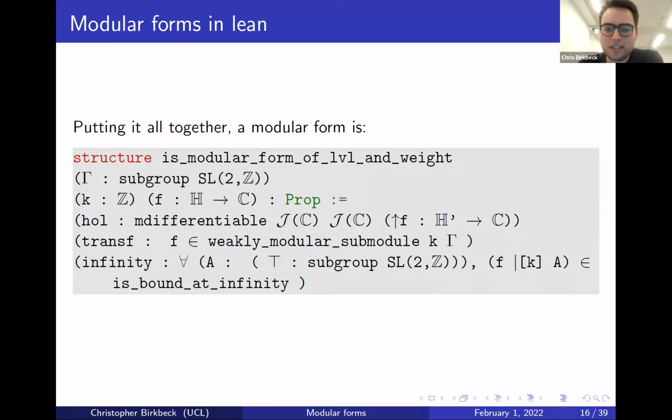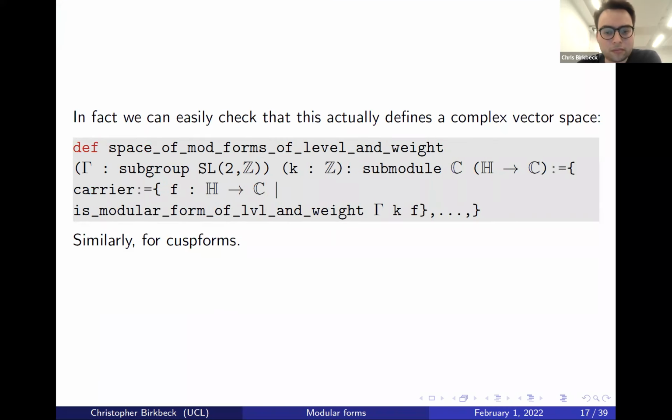You can do similar things, changing this last condition to zero at infinity, to get your spaces of cusp forms. And you can check easily, because of how I define all of these things, that this actually forms a complex vector space. I just do the same thing. It's a structure to define a submodule. I just have my carrier again.